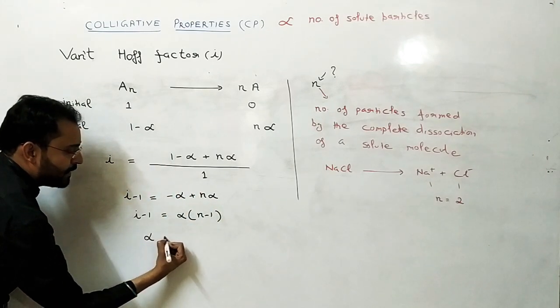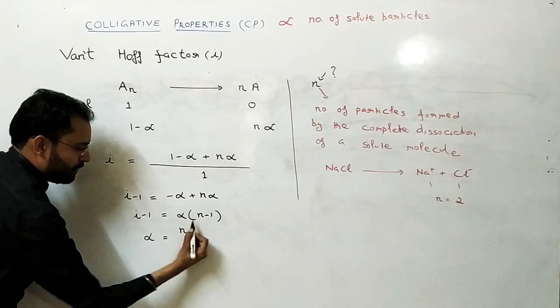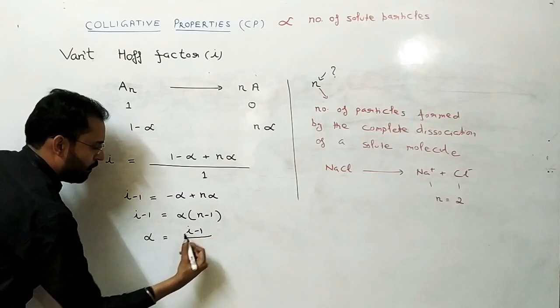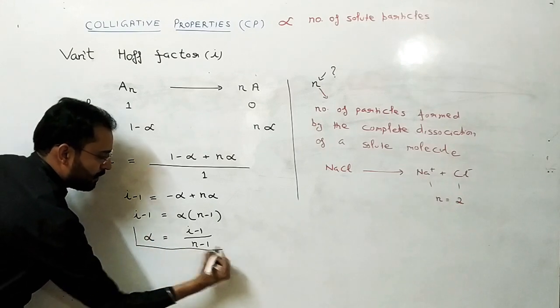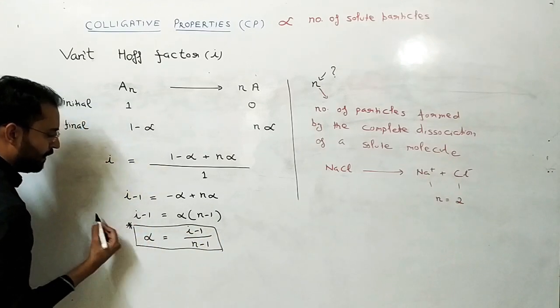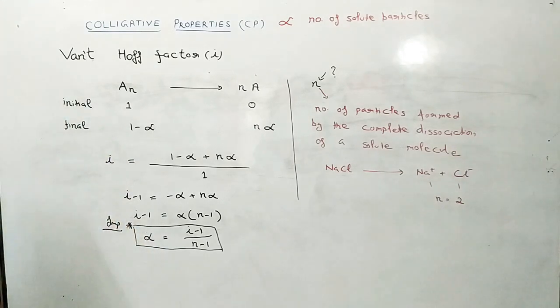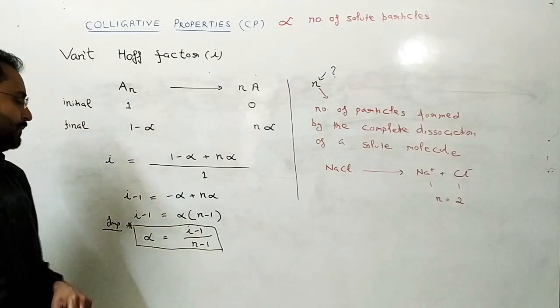So alpha is i minus 1 upon n minus 1. This is the mathematical relationship between alpha, the degree of dissociation, and van't Hoff factor i.